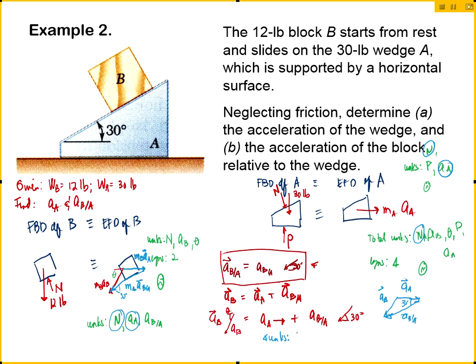And what are the four unknowns now? If we have it this way, the normal force N, acceleration of A, acceleration of B relative to A, and then all these three are coming from the FBD of B. What is the only additional unknown from the FBD of A? It's P, right? Yes. P is some normal force.